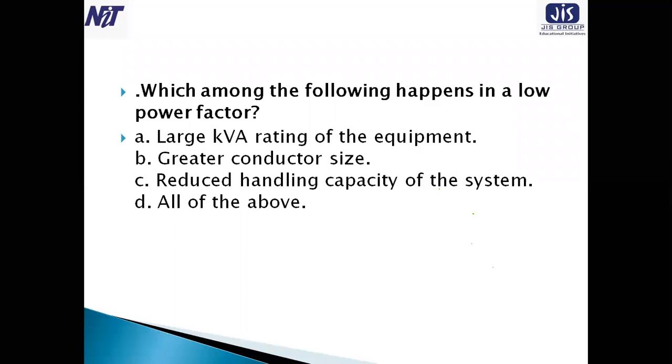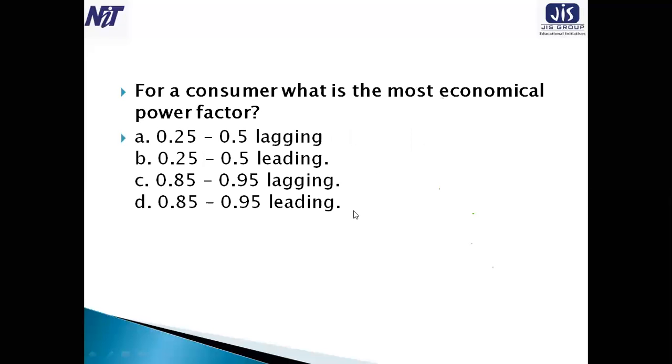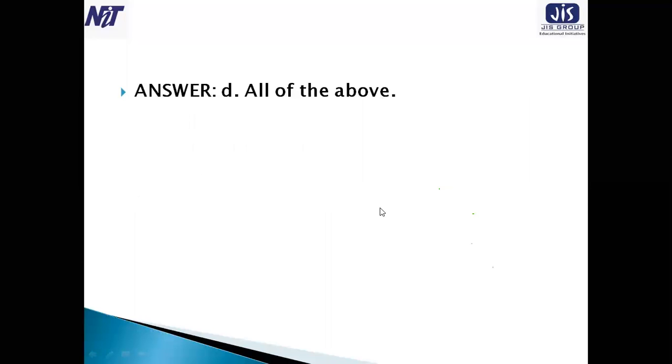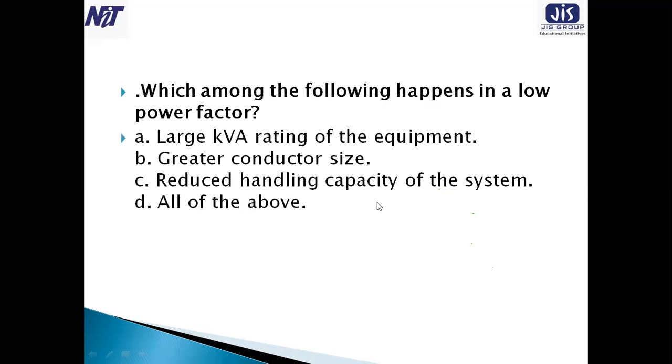Reduced handling capacity of the system. Yes. So which one is the answer? Think on it. Now move to the next slide. The answer is all of the above. That means all three are responsible in a low power factor.